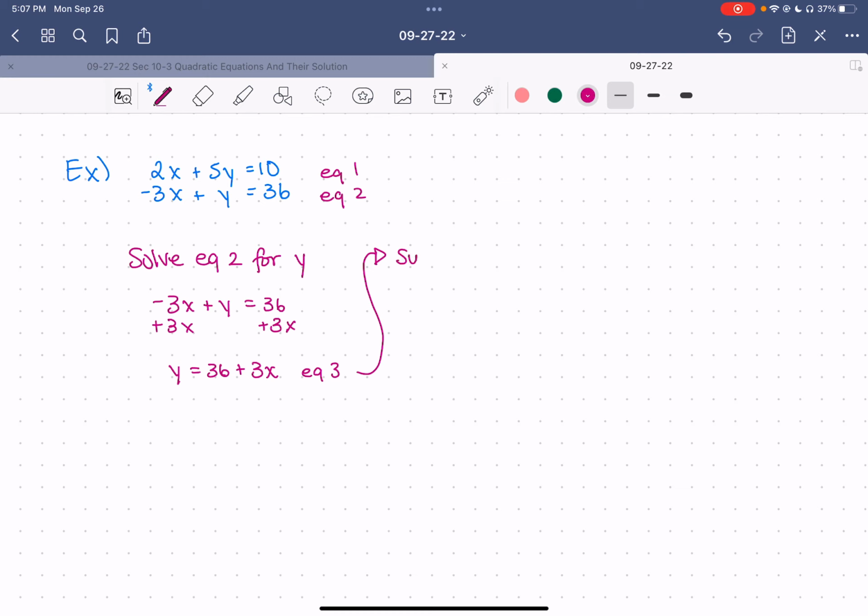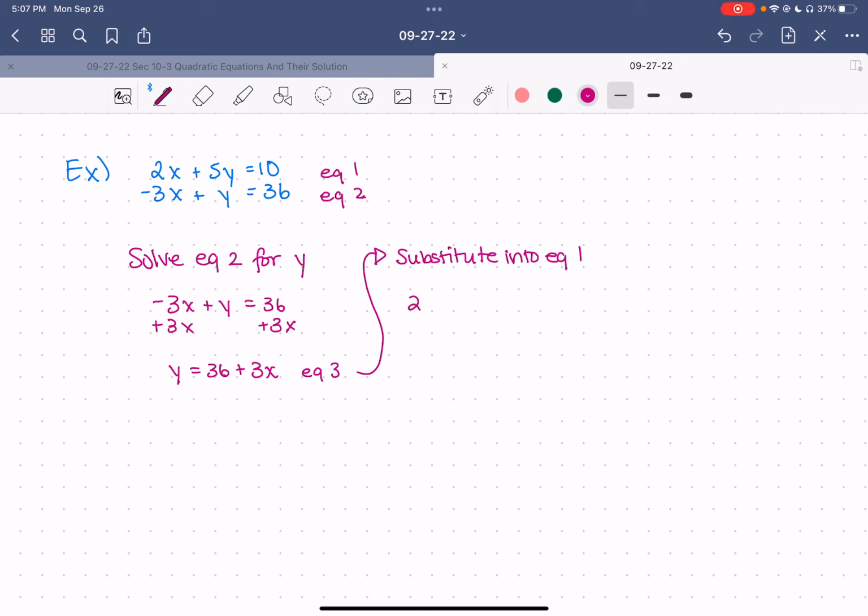Now I am going to substitute into the other equation. I already used up equation 2, so now I'm going to use equation 1. So I'm going to substitute into equation 1. Never substitute back into the same equation. You won't get anywhere if you do that.